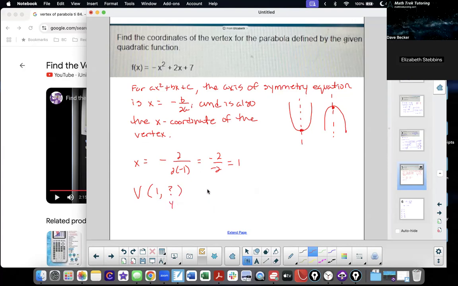Well, doesn't y equal, or f of x in this case, but it's the same as y. Oh, but you plugged the 1 back into the equation. There you go. Be careful with the negative. Is this negative going to be squared right here?